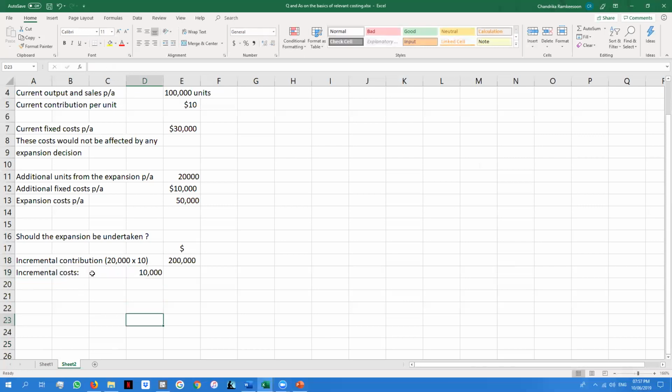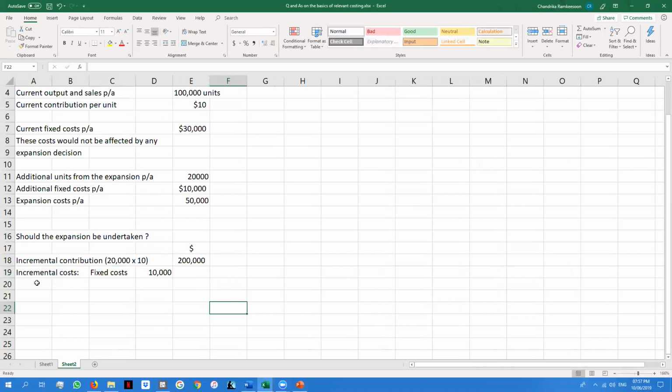Next, let me just put fixed cost. Next, the expansion. Now clearly the expansion cost is a relevant cost, because if XYZ goes ahead with the expansion, they're going to have to incur $50,000 a year. And again, I'm using a year as a time frame for us to keep things comparable, and indeed to achieve a certain degree of consistency.